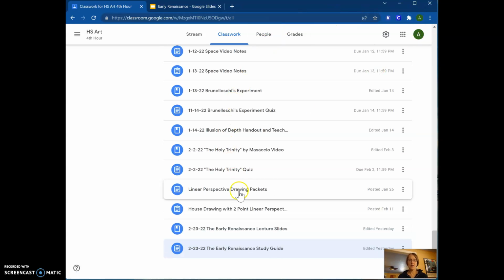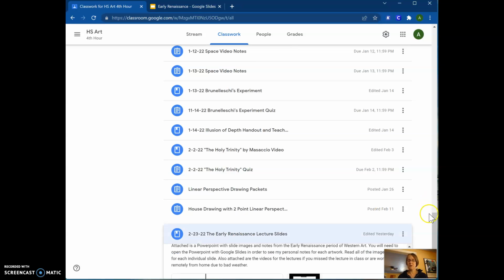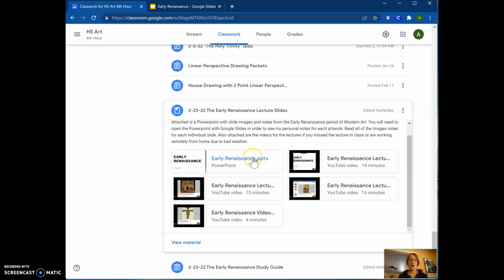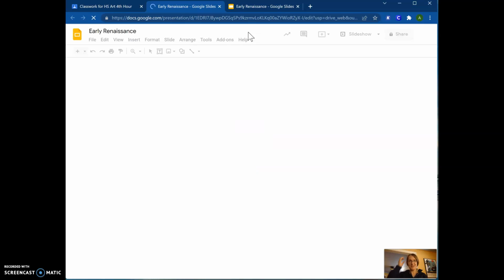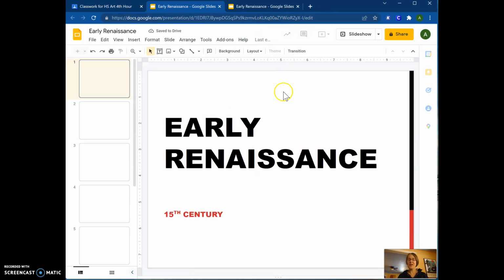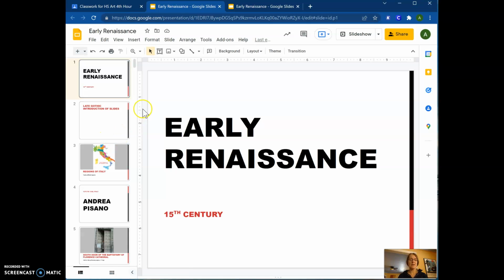Now we'll go ahead and click into the PowerPoint, and again, remember, you have to click open with Google Slides to be able to see my lecture notes. So you should have your Early Renaissance study guide, so you can take notes on the 10 slides that I have inside of there.